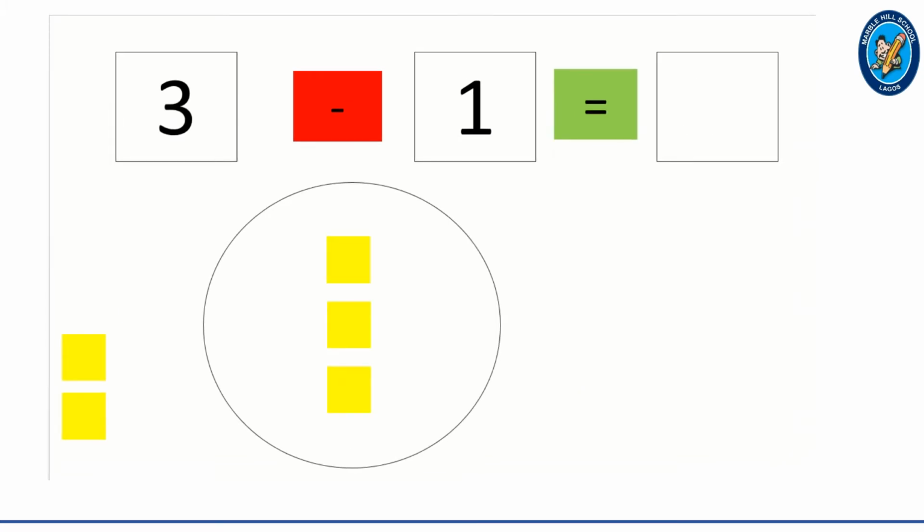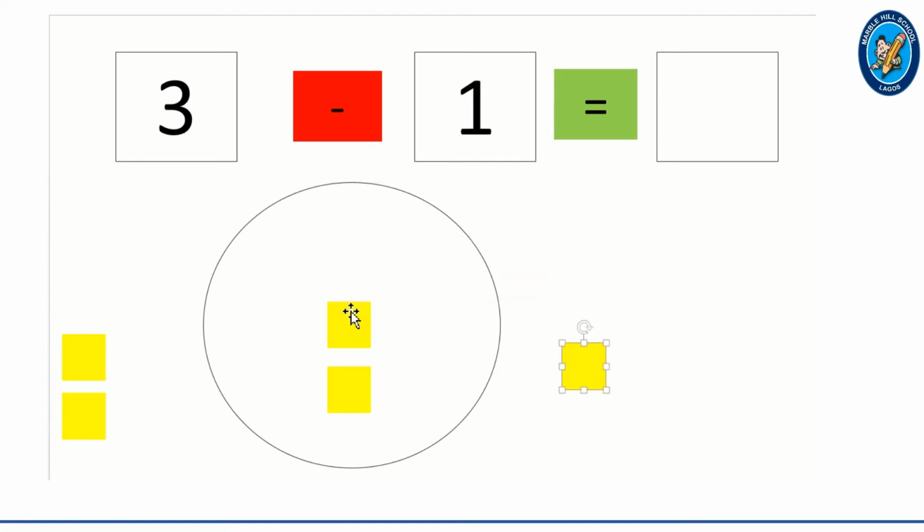If we look at this slide, we can see that we have 3 minus 1. 3 minus 1 means we're going to remove 1 square from the 3 squares in this circle. So 1, 2, 3, 3 squares, and then minus 1. So we're going to remove 1.